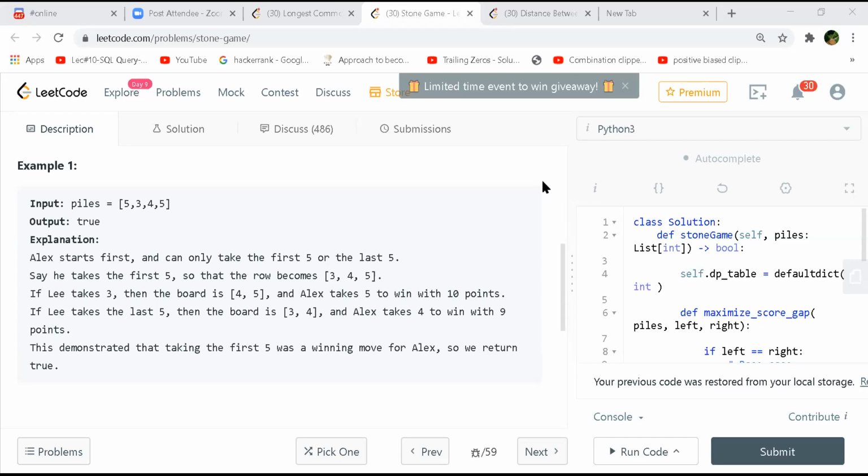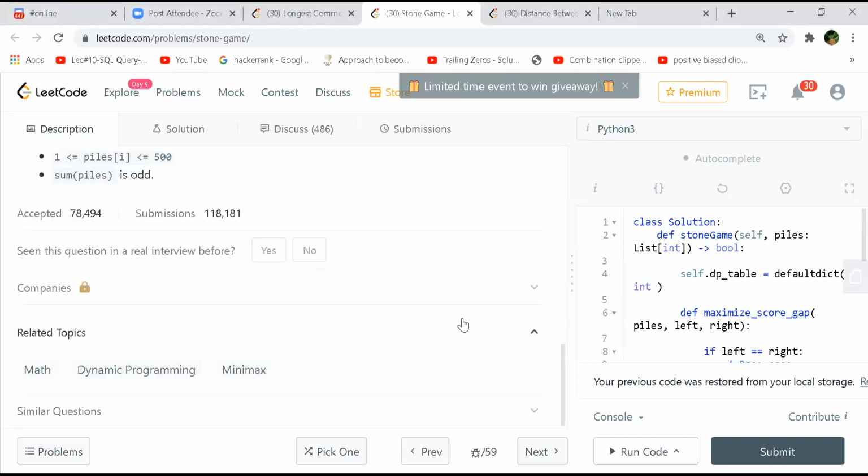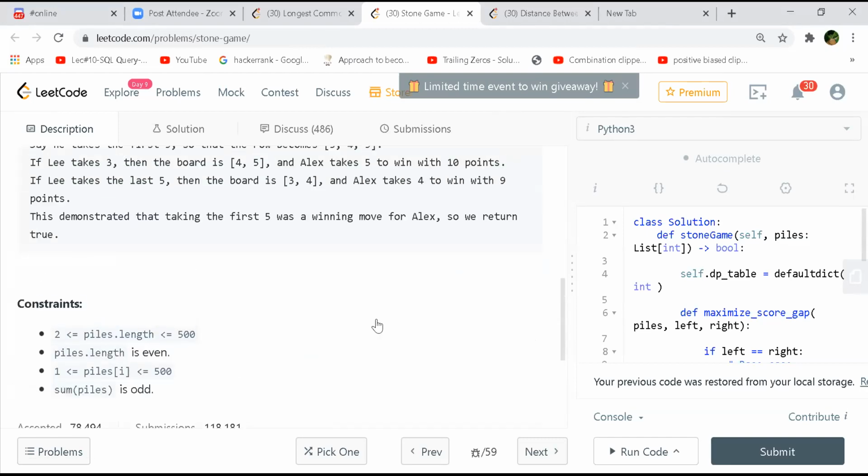If you look at the related topics, it talks about dynamic programming, min-max, and math. Min-max is also almost DP, game theory, yeah.